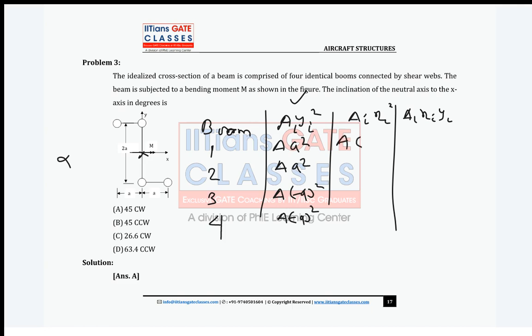Minus A square, then A into 0 square, A into 0 square, then A into plus A square. Then you can write A into A minus A, then A into A 0, then A into minus.